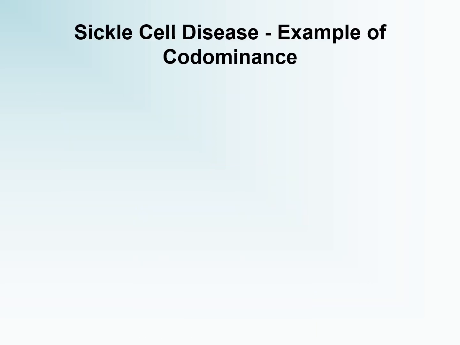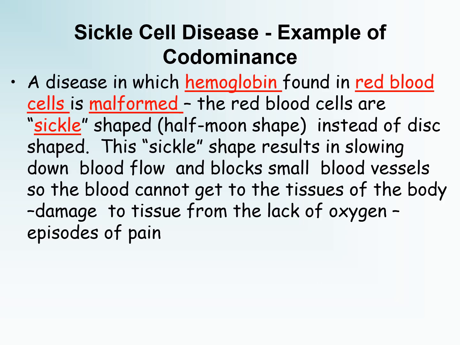Now, another example of codominance is sickle cell disease, and some of you may have chosen this as your genetic disorder to research for the QPA. Let's take a look at sickle cell disease, sometimes called sickle cell disorder, which is another example of codominance.